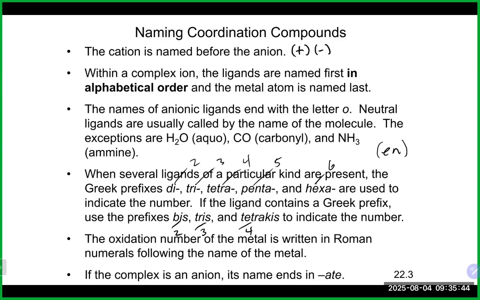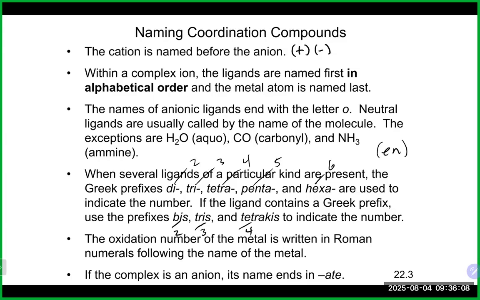That's ethylenediamine. So in the actual name of the ligand, it has the di part of it. If you had multiples of those, you would not use di or tri. You would go to bis or tris because the ligand itself already has a prefix in it. Or even the other one we saw, triamine. You would use one of these types of prefixes.